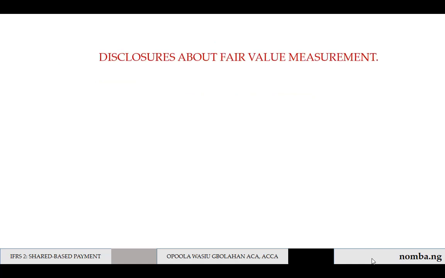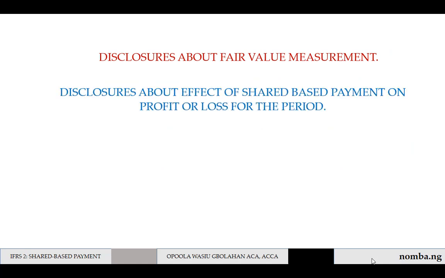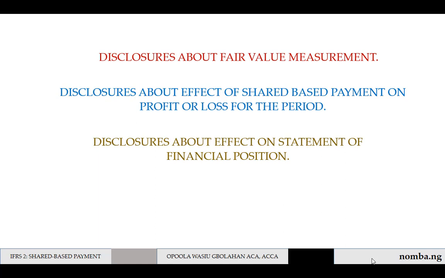The standard also requires disclosures about fair value measurements, and disclosures about the effects of the share-based payments on profit or loss for the period, and also the effect on the statement of financial position. Okay? These are the disclosure requirements as required by the standard.